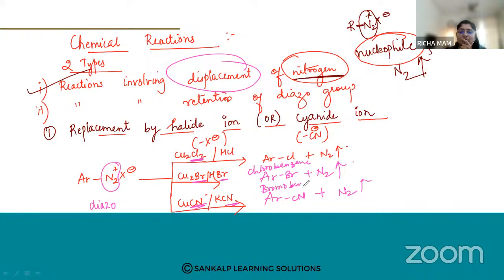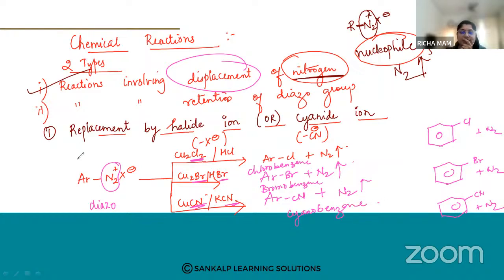Ar means like this: ArCl, then this is ArBr, then this is ArCN, each plus N2. And this is cyanobenzene.